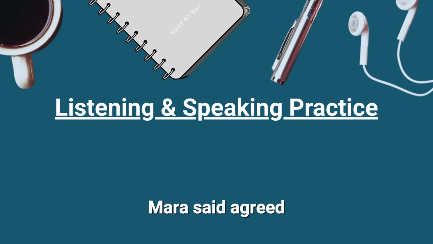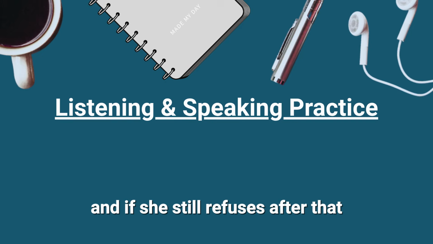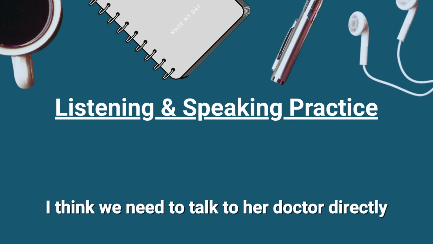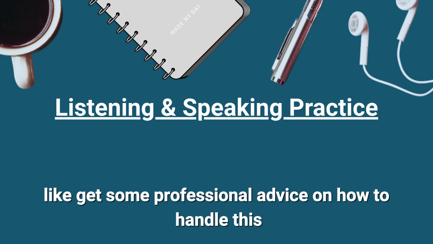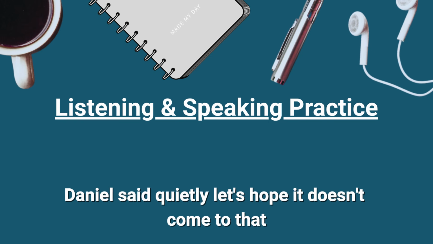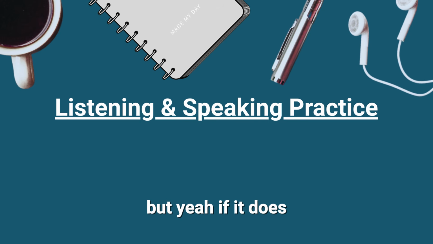Mara said, "Agreed. And if she still refuses after that, I think we need to talk to her doctor directly. Like, get some professional advice on how to handle this." Daniel said quietly, "Let's hope it doesn't come to that. But yeah, if it does, we'll figure it out together."